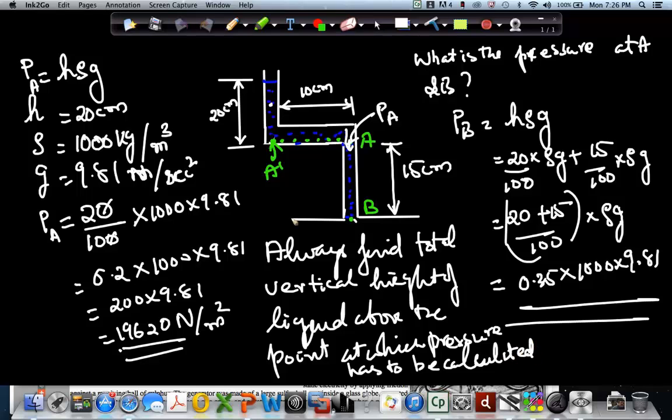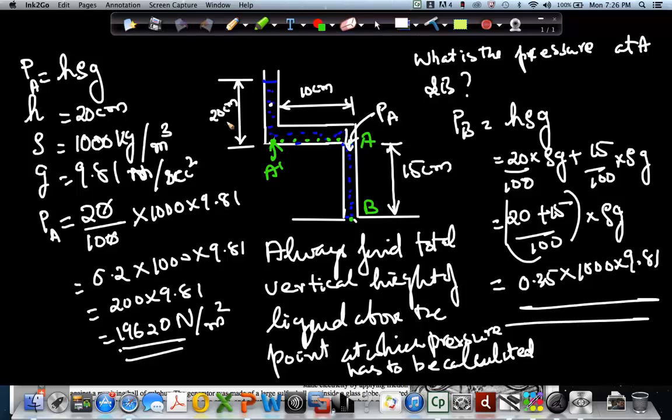So here at this point the total vertical height is 20 centimeter, whereas at this point it is 15 plus 20. So always find the total vertical height of the liquid column above the point, and that's how you should find the pressure. So the H is always the total vertical height of the liquid column.